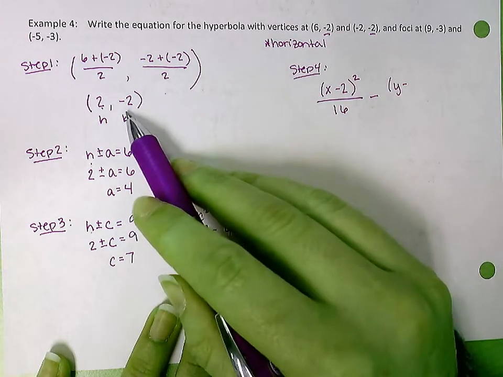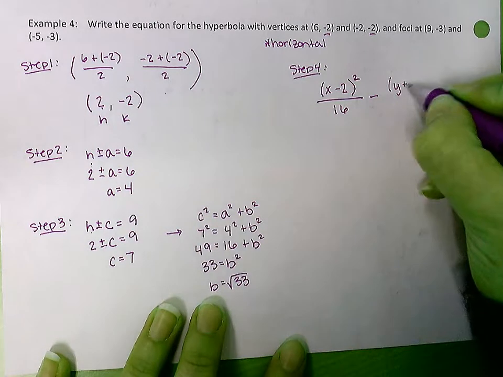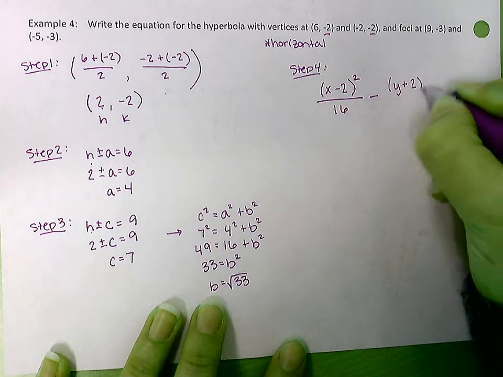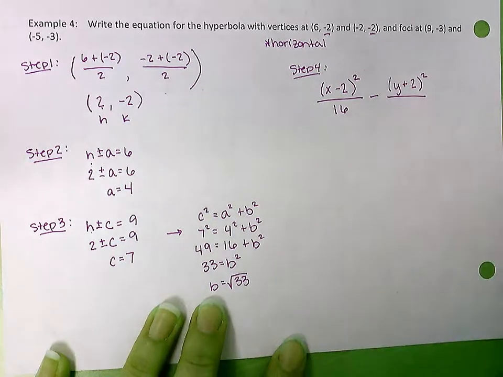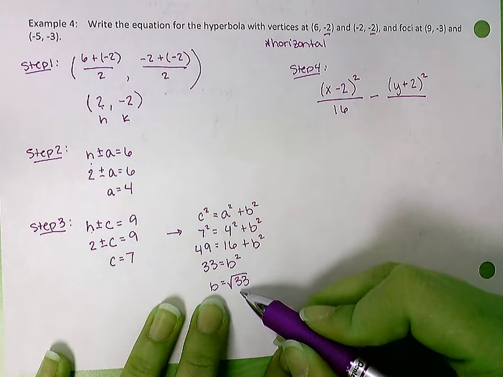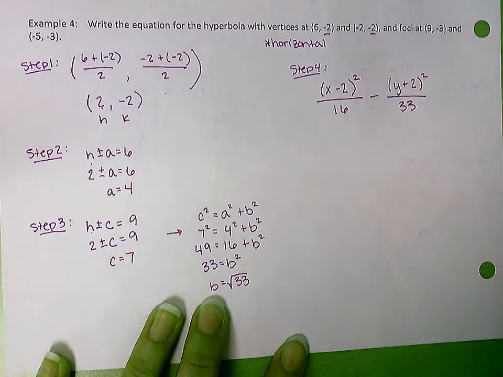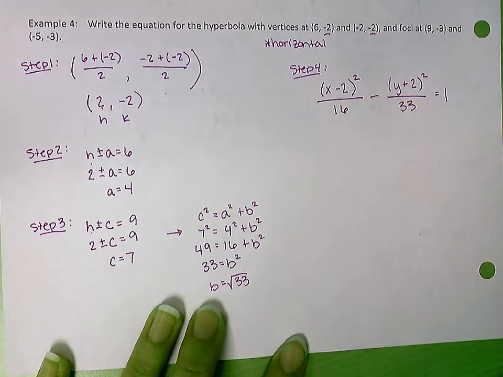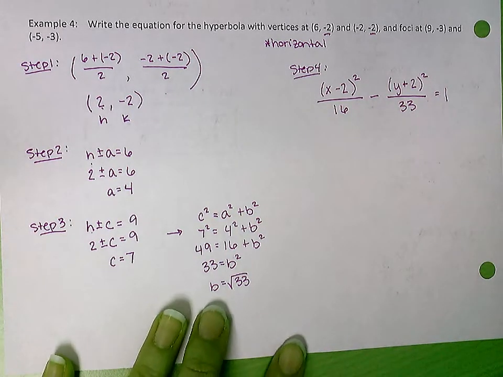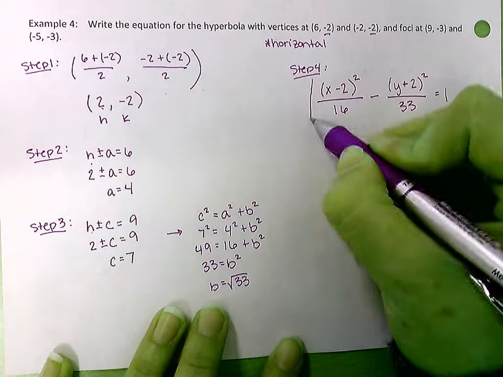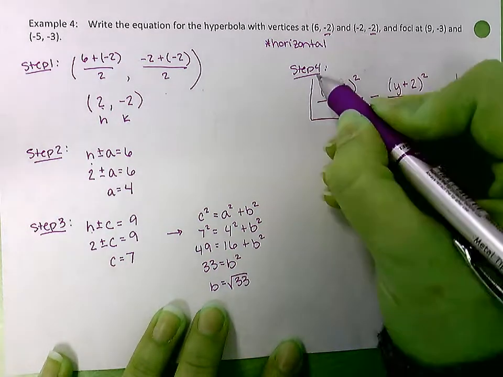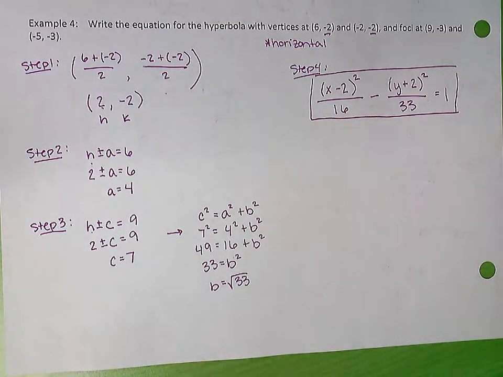Since k is negative 2, I'm going to subtract a negative, I'm just going to turn it into plus 2 and square that. And that's over b squared, so I'm going to square this square root. So those will cancel, and I'm left with 33. And that should equal 1. And that would be your standard form. Any questions?